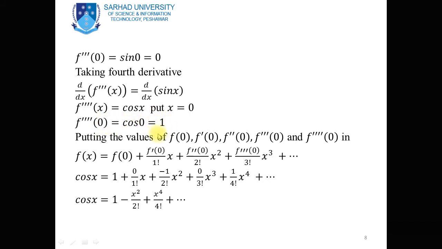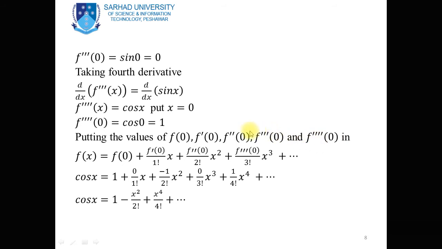Now putting all these results: f(0), f'(0), f''(0), f'''(0), and the fourth derivative at 0. Here f(0) is the function value at x = 0, this is the first order derivative at x = 0, this is the second order derivative at x = 0, this is the third order derivative at x = 0, and this is the fourth order derivative at x = 0.